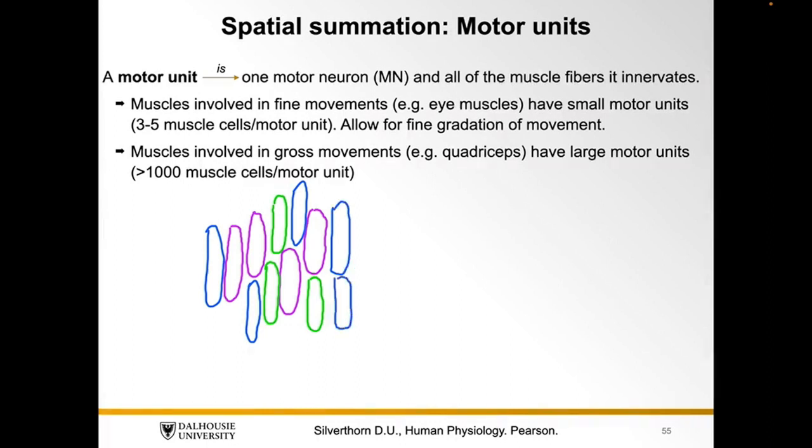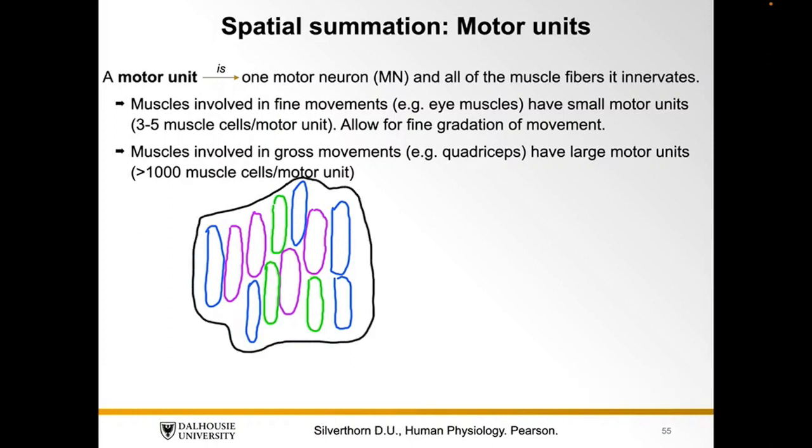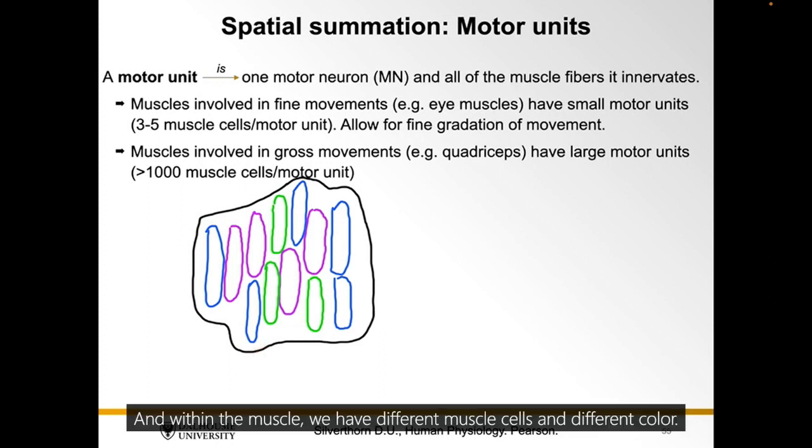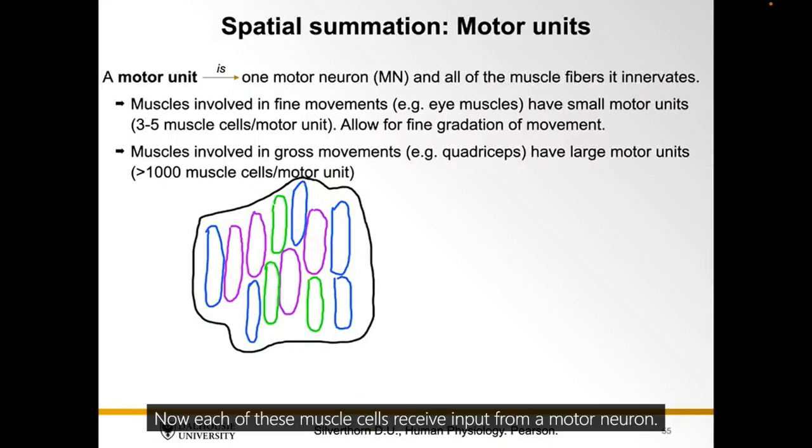So this is a sketch of what a muscle could look like. So basically, in black here would be the entire muscle, and within the muscle, we have different muscle cells in different colors. Now, each of these muscle cells receive input from a motor neuron.